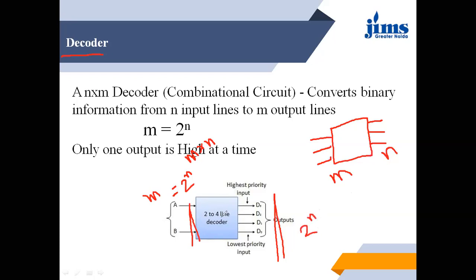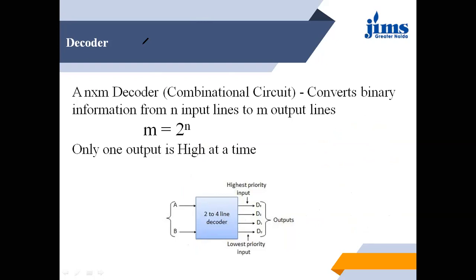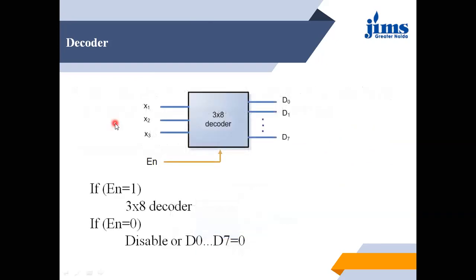As we can see here, this is a 2 to 4 line decoder, as the inputs are 2 and the outputs are 2 raised to the power 2, that is 4. So 4 is the total number of output lines. This is another example of a decoder.